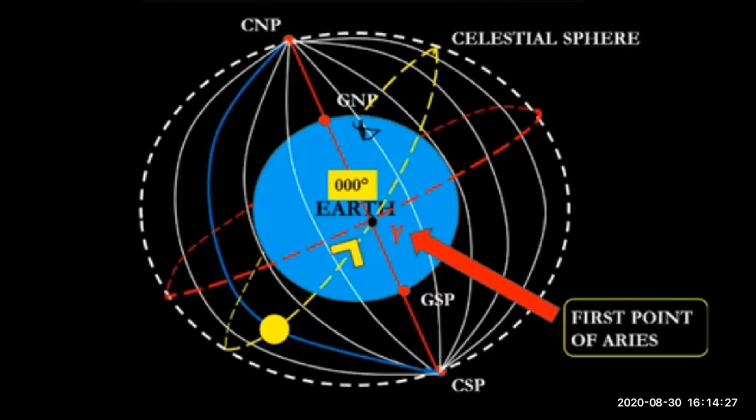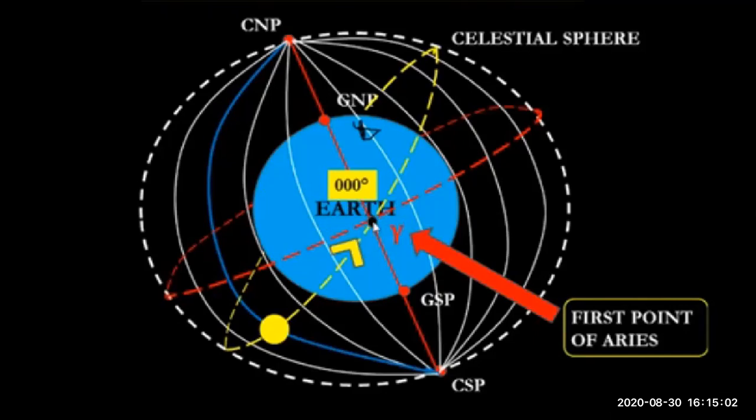So to define first point of Aries, it is the point on the surface of the celestial sphere where the sun's traveling path crosses the equinoctial from south to north. When the sun is moving from south to north, that is first point of Aries. And this is denoted by gamma.